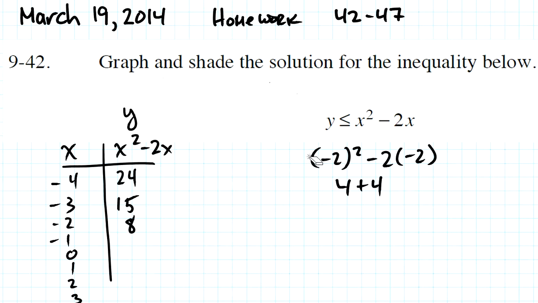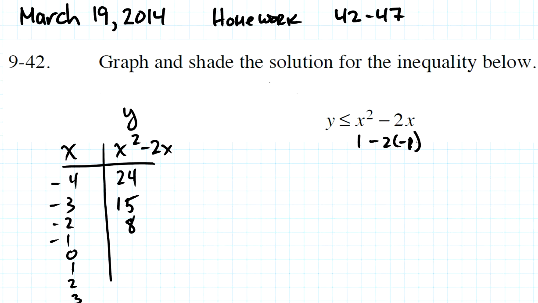If x is -1, -1 squared is a +1, and then I would have a -2 times a -1. So I'm looking at a +3. At 0, I produce the value of 0. That's nice, right? At 1, then I have the value 1 minus 2, which would be -1.